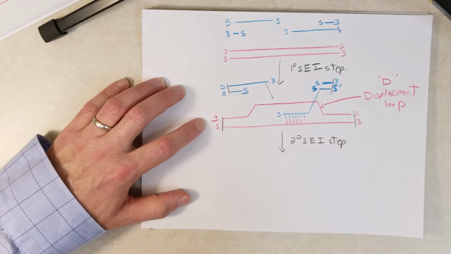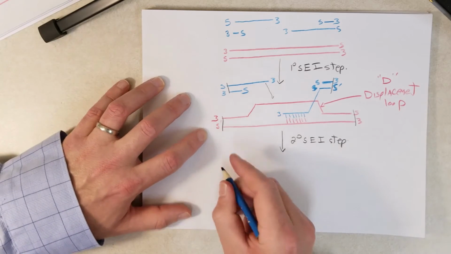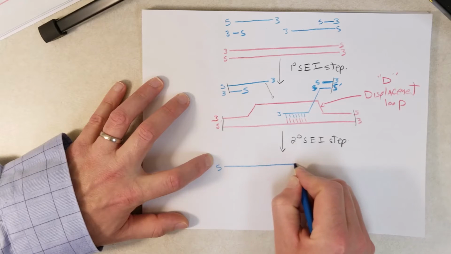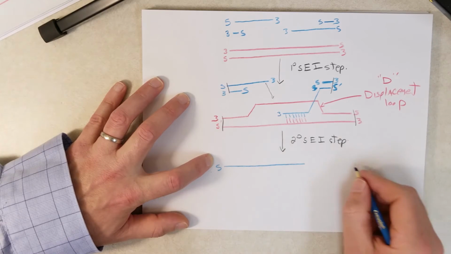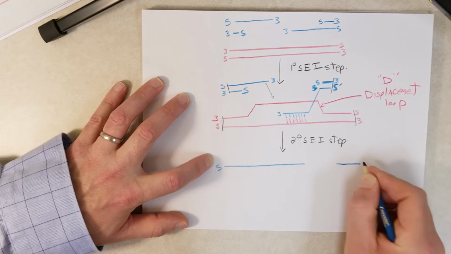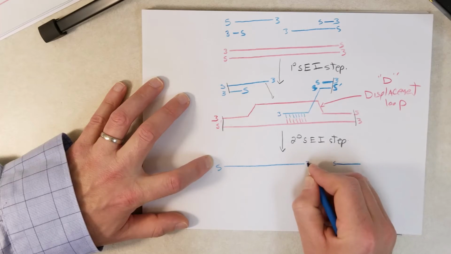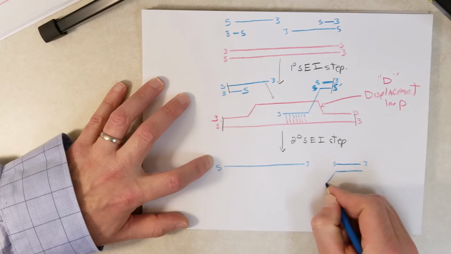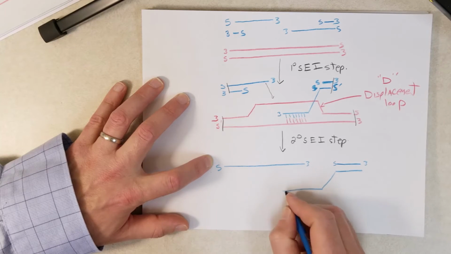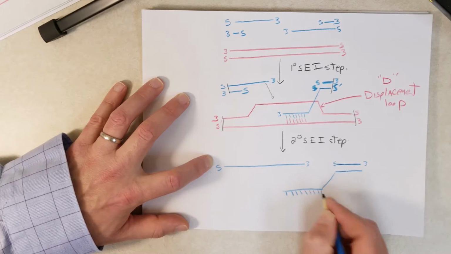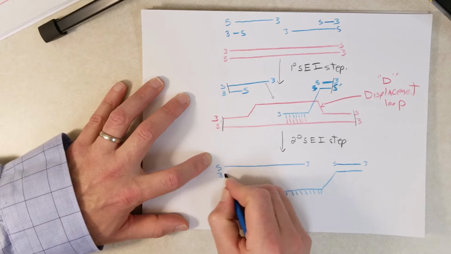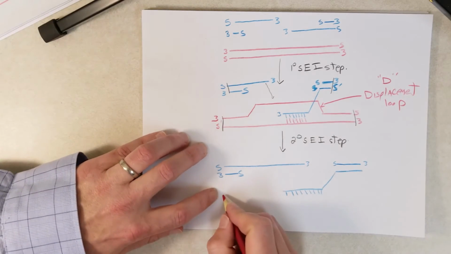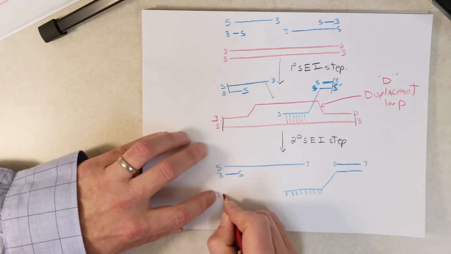And the end result is going to look something like this. 5', 3', 3' here. 3', 5'. Okay, now let me put this guy in here, the donor chromosome.